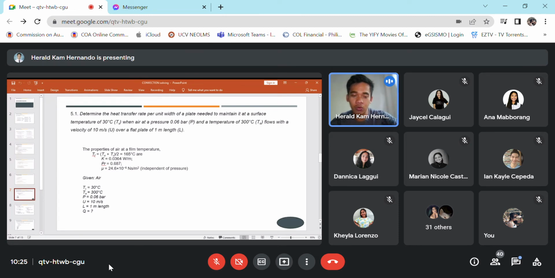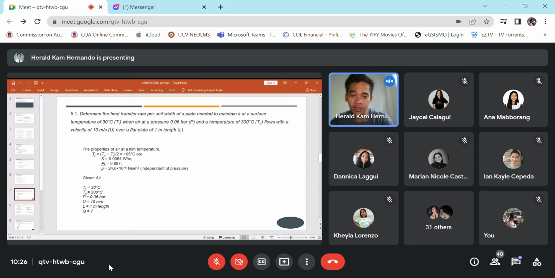From the tables, the thermal conductivity of air at 165 degrees Celsius is 0.0364 watts per meter Kelvin, and the Prandtl number is 0.687. The viscosity is 24.6 times 10 raised to negative 6 Newton second per square meter.